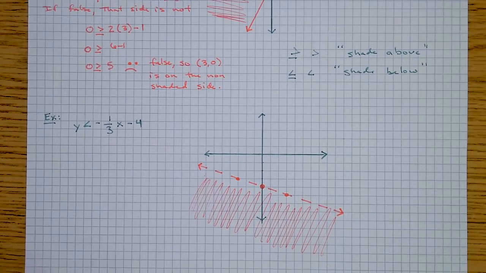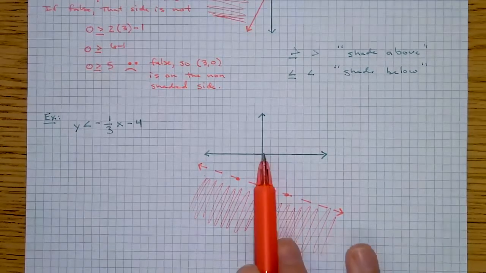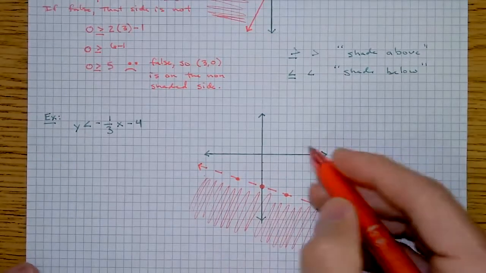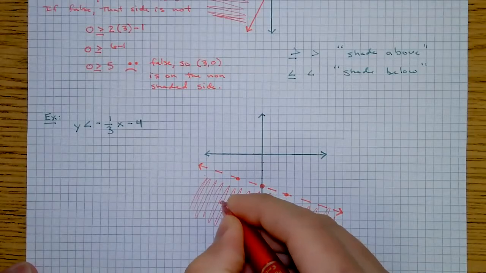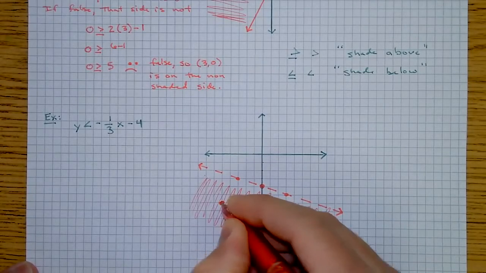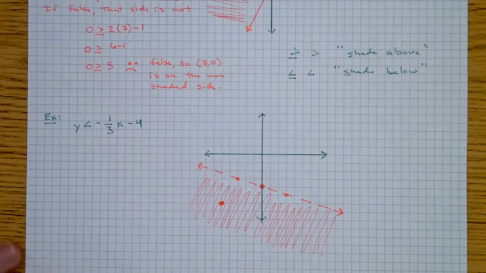And again, you can always test a point. 0, 0 is always a good one to test. I'm just going to pick a random one over here in the shaded region, to make sure that when I plug it in, I get a true statement.